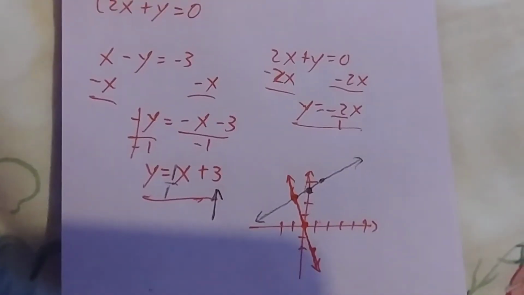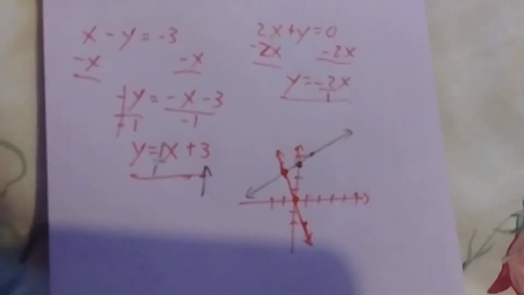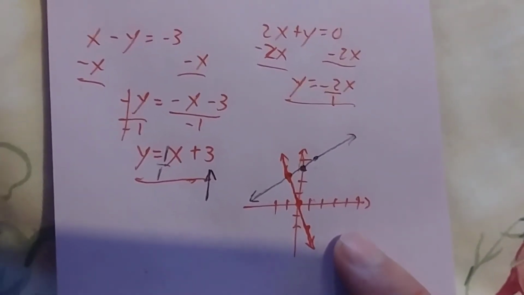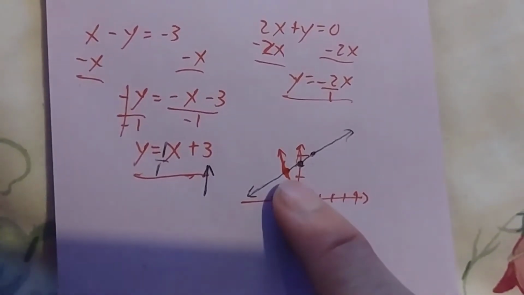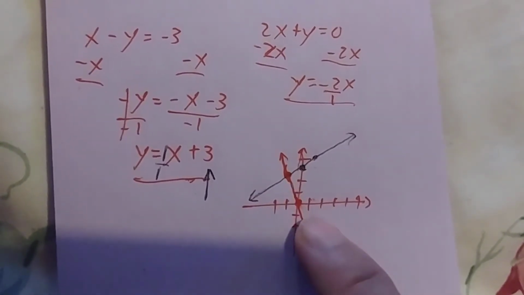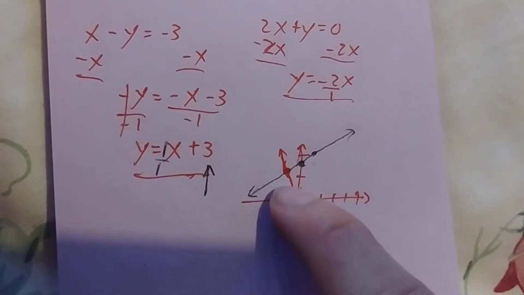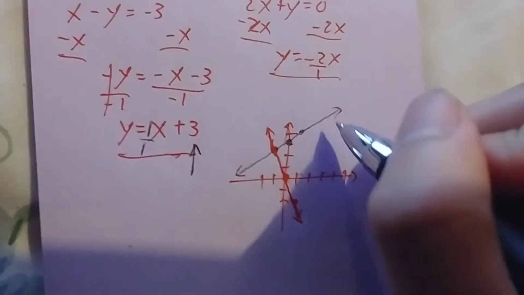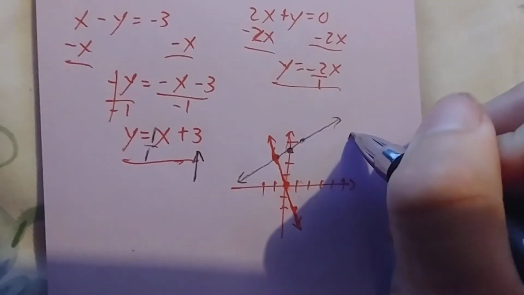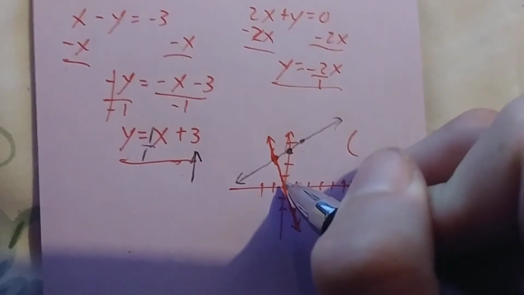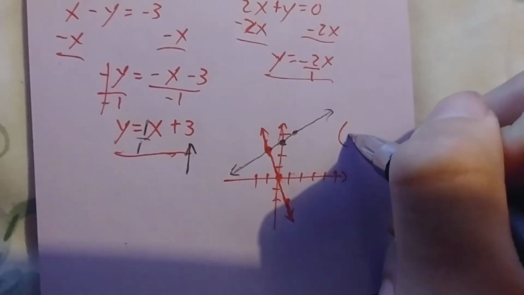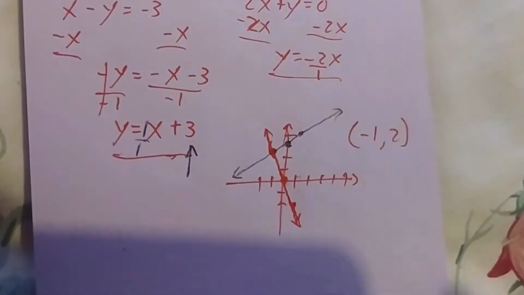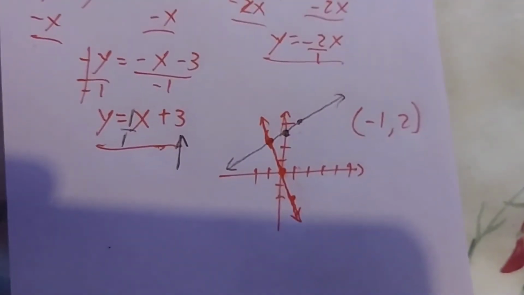Well, for number 5, this is pretty much it. It's asking us to graph it, and there's the graph. It's also asking us to find the point where the graphs intersect. If we notice, it goes back 1 and up 2. So the solution is the point where they intersect: -1 for my x value, and 2 up for my y value. That is my solution for number 5.